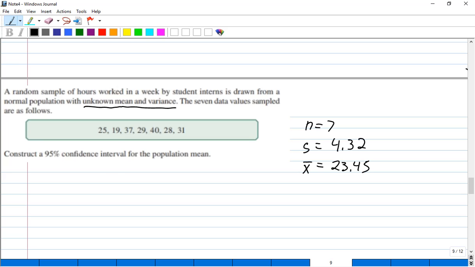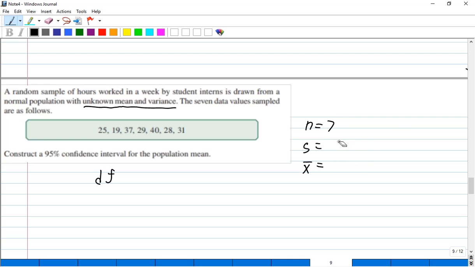We need to know the degrees of freedom. Unless I'm looking at the wrong problem. Am I looking at the wrong problem? Well, I'm looking at the wrong problem. I was looking at another problem.